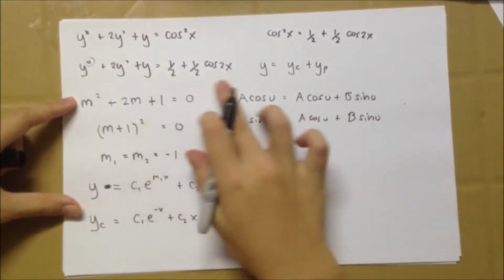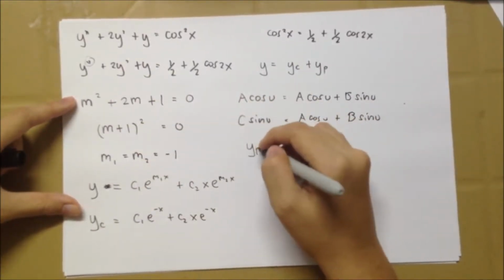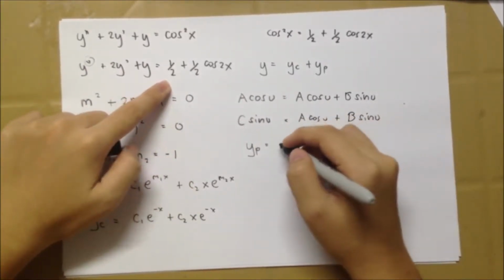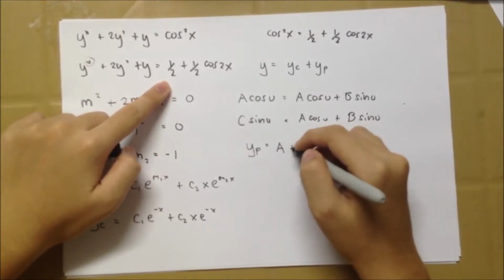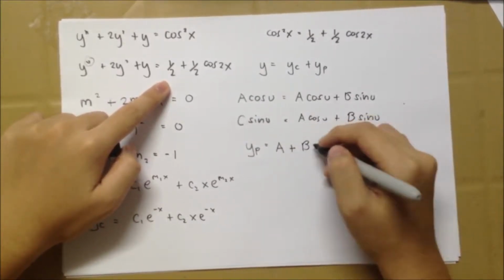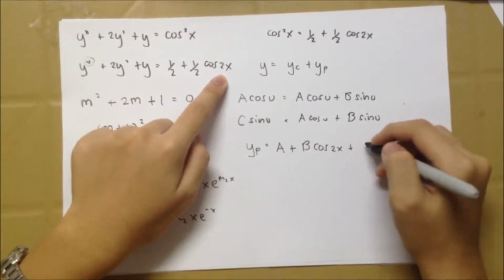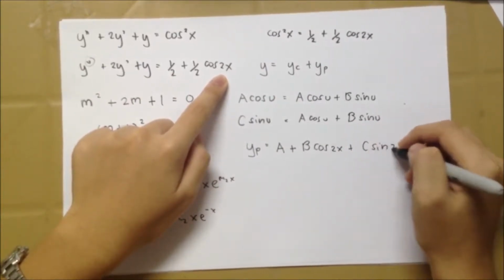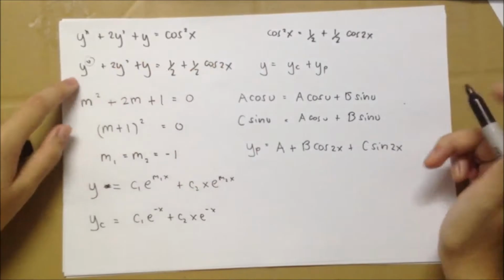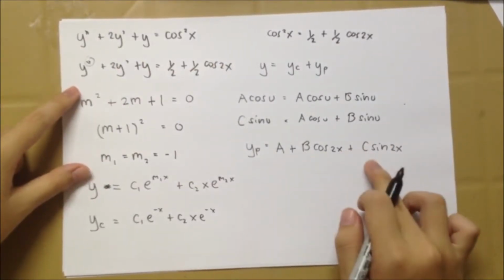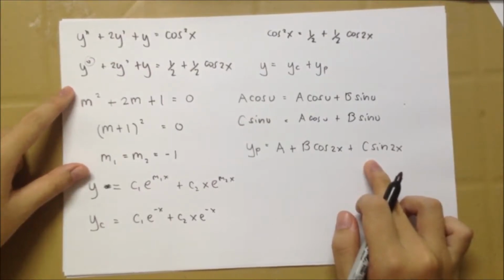So for this case, the form of our yp is equal to, since this is a constant, let's label that constant as a, plus another constant b cosine, where our u is 2x, plus c sine of 2x. Don't use a here, since these three constants do not have equal values.